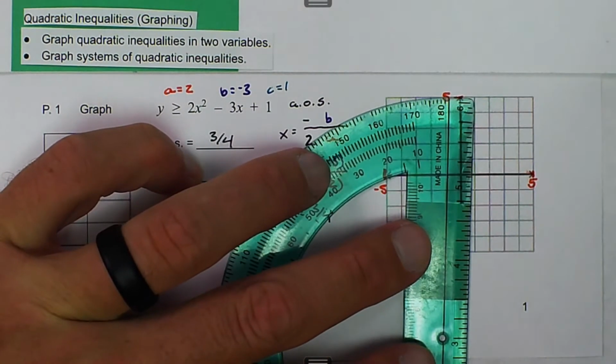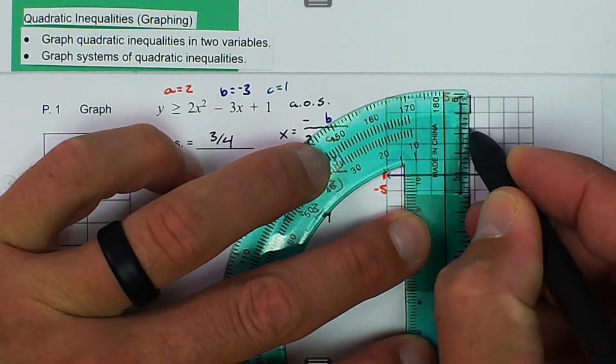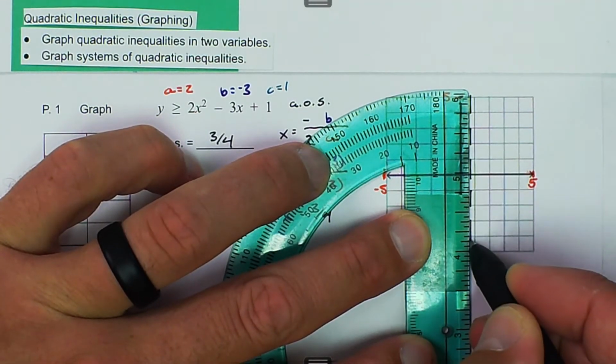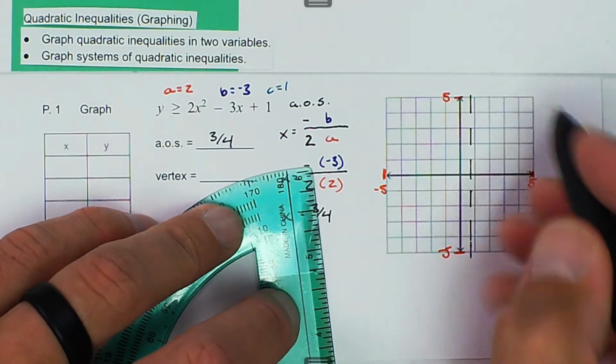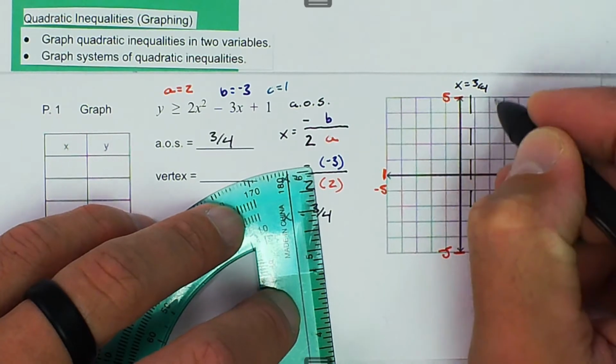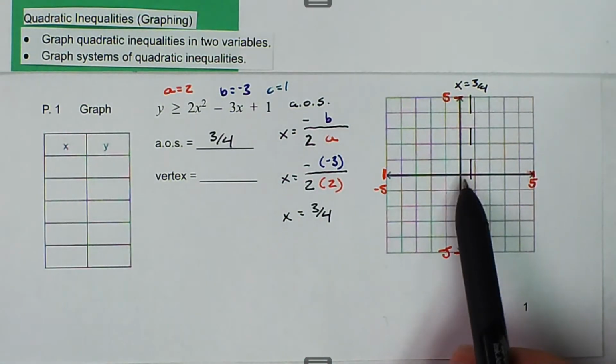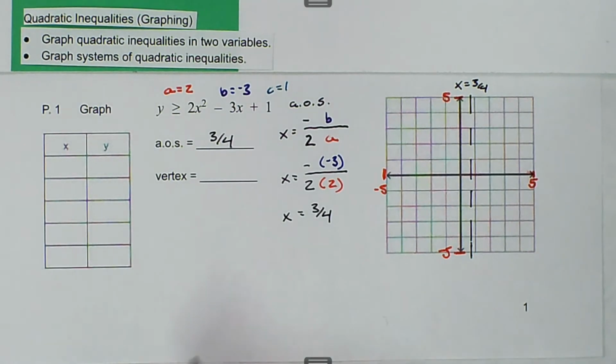So we'll have to draw a line. So this is x equals 3/4. It doesn't have to be exact, just getting a sketch there.